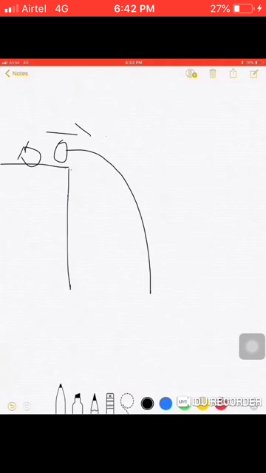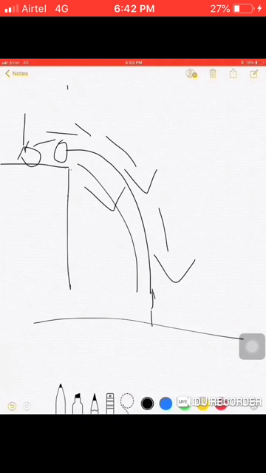And this one with 5 meters per second, as we know, it moves. Let me make it clear. Let me draw it properly.